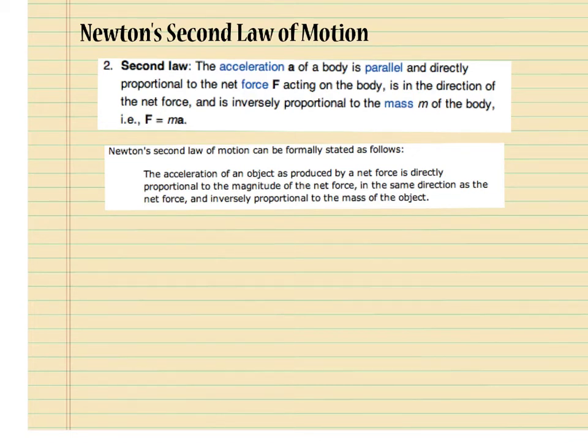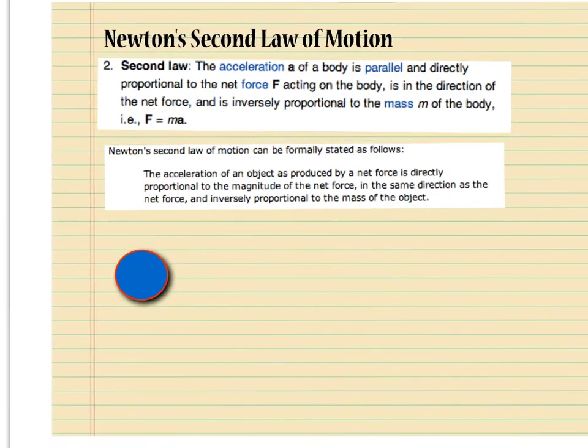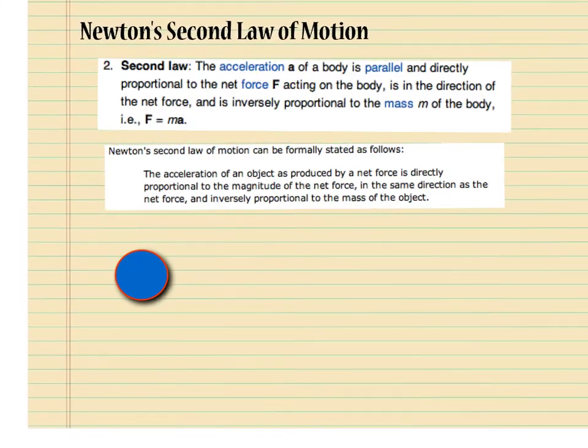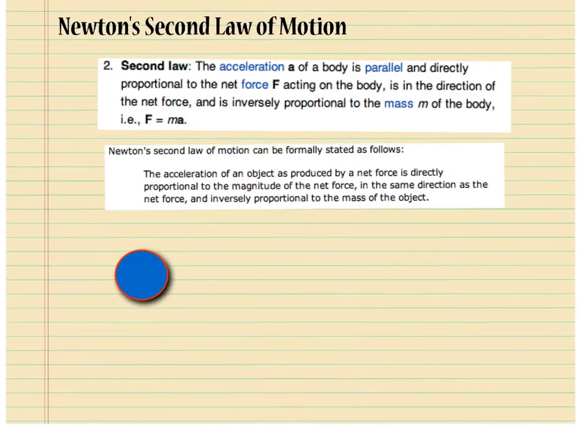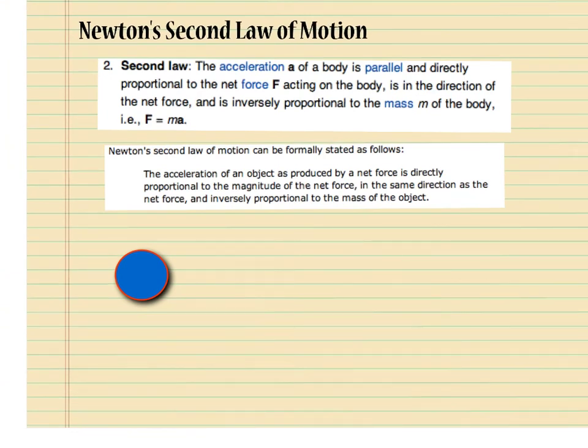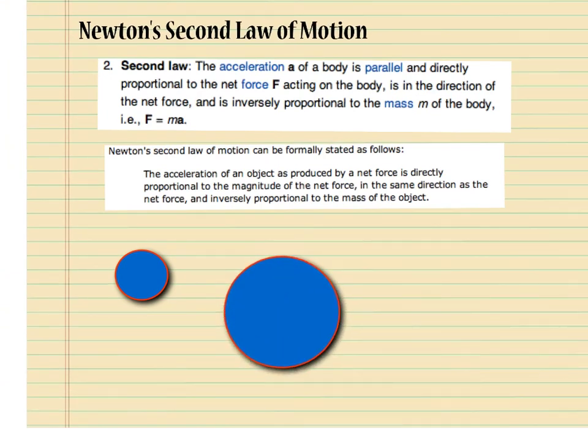Let's get our blue ball back. So I have a ball, okay? And let's take another ball, and let's actually make it twice the mass. Okay, so ball A has a mass of x, and ball B has a mass of 2x, and they're not proportional, obviously.